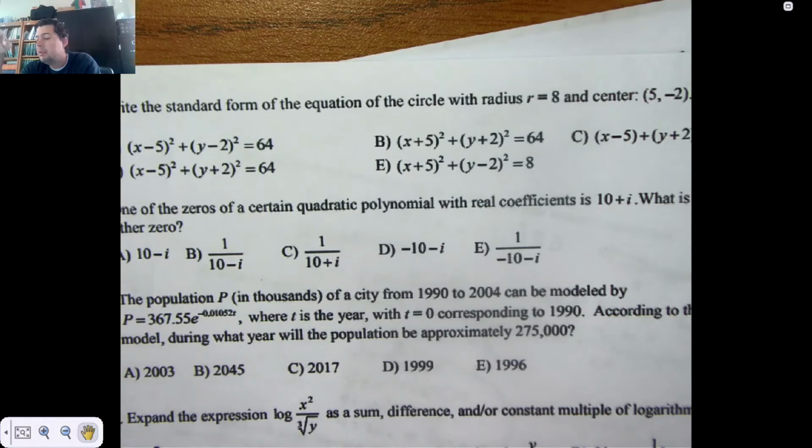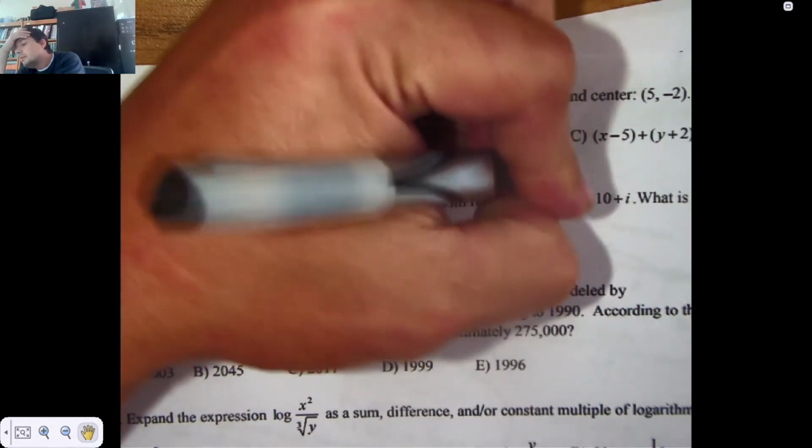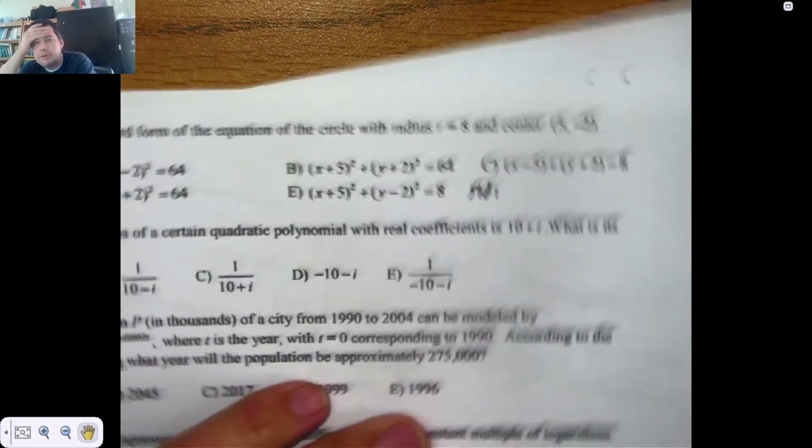I'm tired. Write the standard form of the equation of a circle with radius r equals 8 and a center at 5, -2. You don't need my assistance for this. You just have to remember a form. Some of you do. At least 10 of you know this form.